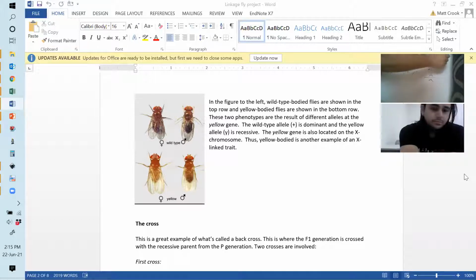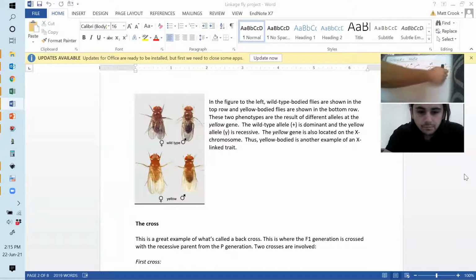So now you could actually write this like so, where plus equals the dominant allele. You can also write it here, essentially saying the same thing, just doing it in slightly different ways.